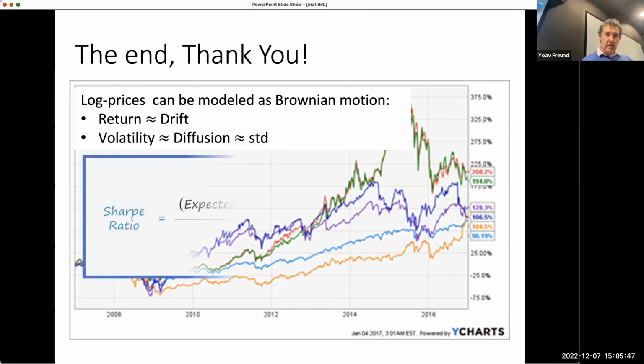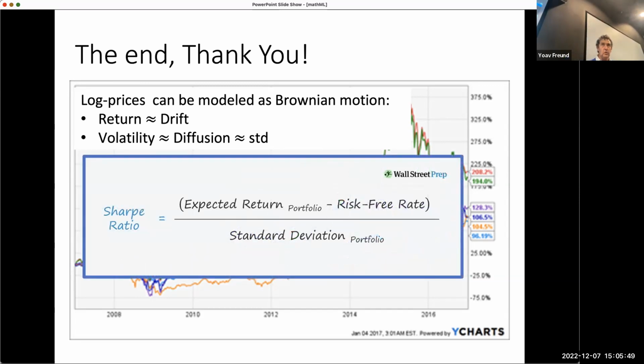And in fact, if you just go to the standard financial thing, you basically say the Sharpe ratio, which is what people actually measure stock with, is the expected return divided by the standard deviation. So if you have a stock that has enormous return, but its variation is also big, then you discount it. Right here, I'm saying something a little bit different.